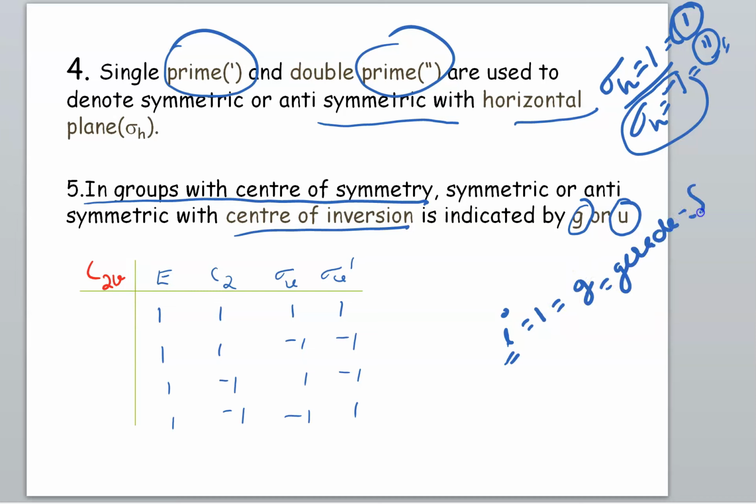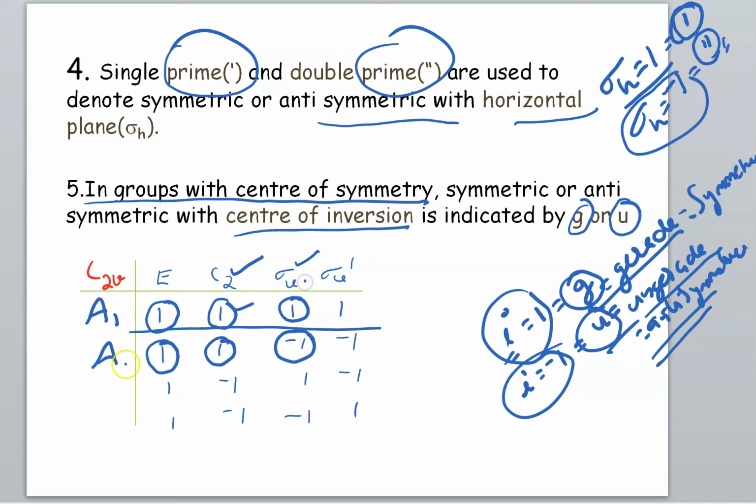Next, this is also a one-dimensional representation, symmetric to the principal axis, therefore letter A, but it is anti-symmetric to the first vertical plane. Therefore subscript 2, the Mulliken symbol is A2. And here also it is a one-dimensional representation, but it is anti-symmetric to the principal axis, therefore letter B, and symmetric to the first vertical plane, therefore B1.